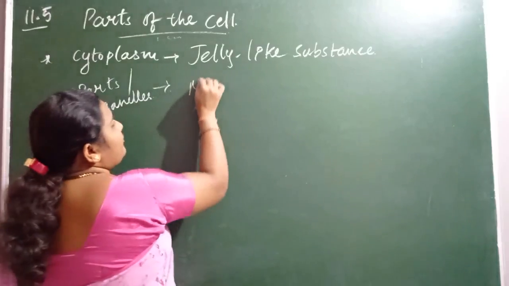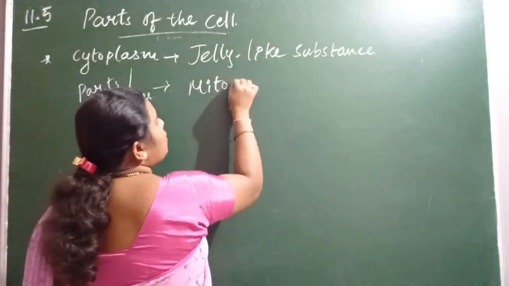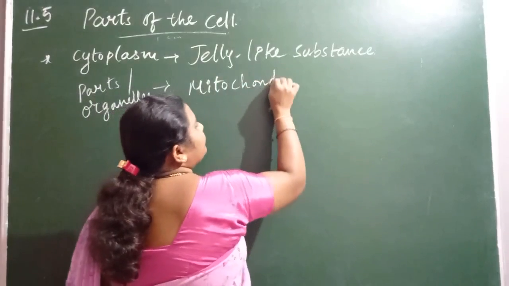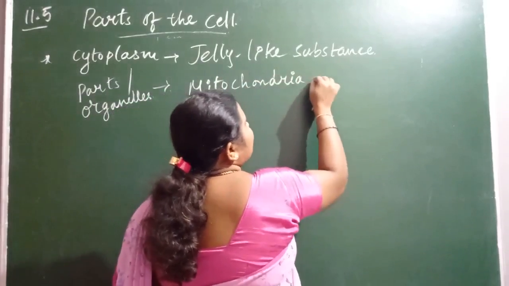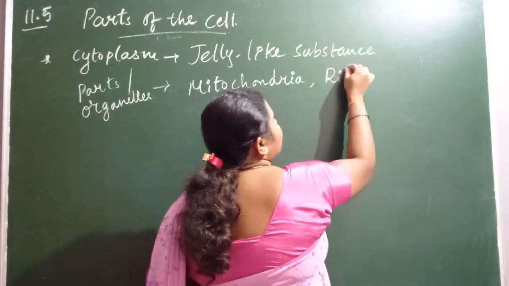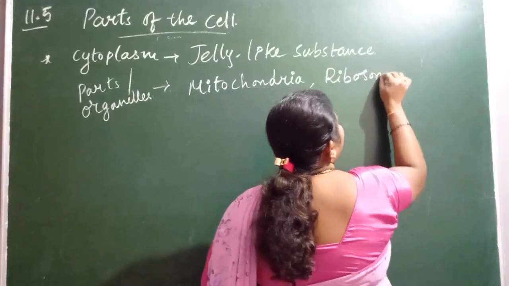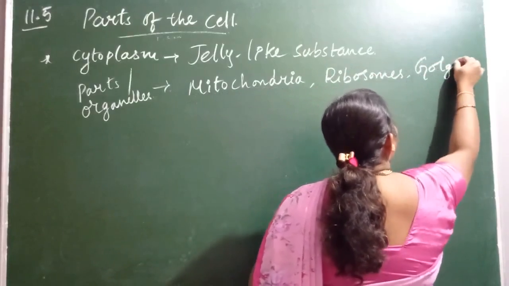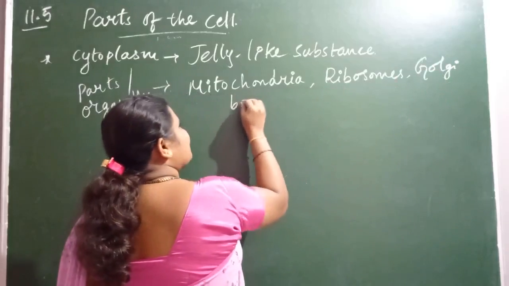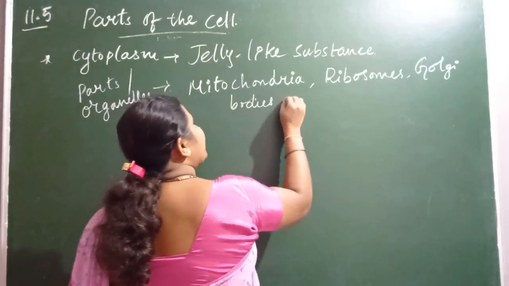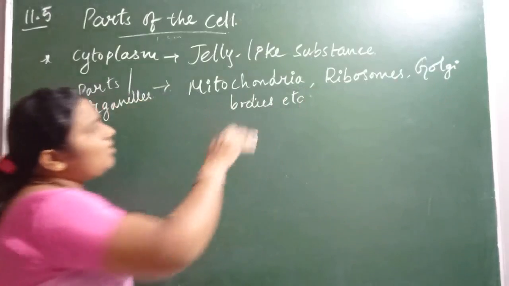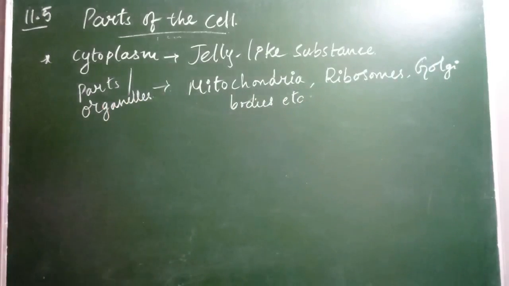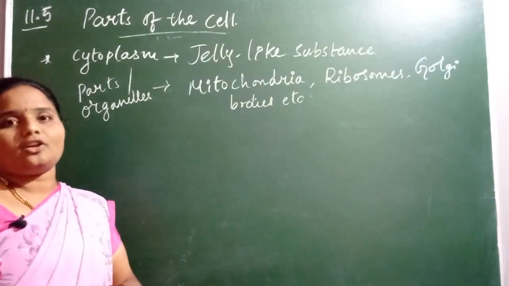So different parts like mitochondria, ribosomes, Golgi complex or bodies, etc. These are the different cell organelles which are present in the cytoplasm.